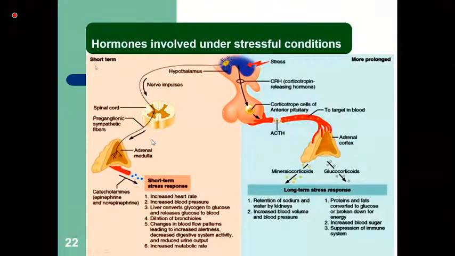For acute stress, generally, most of the time it is activating the nervous system, basically through the sympathetic nervous system. So it's much faster and usually short in time compared to chronic stress, which is usually more prolonged, and you have CRH being released and ACTH, then only the glucocorticoid or cortisol will be released. So you can compare between these two.